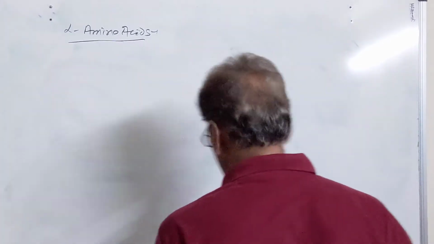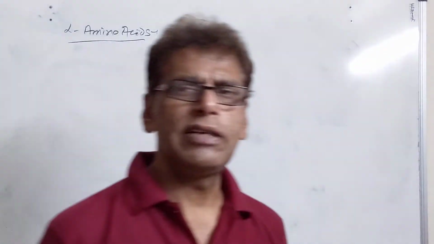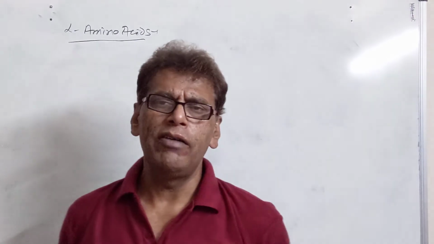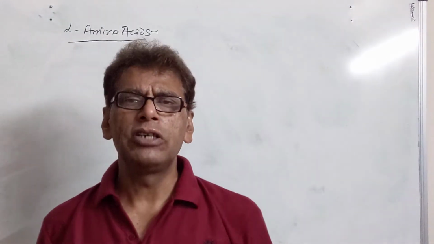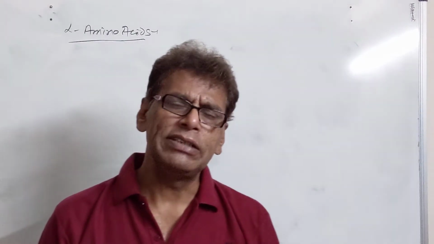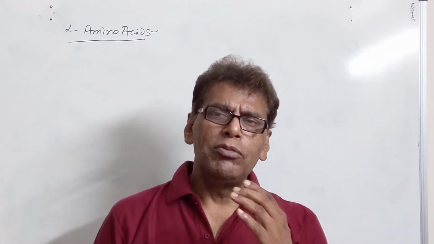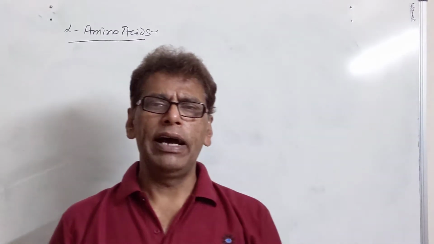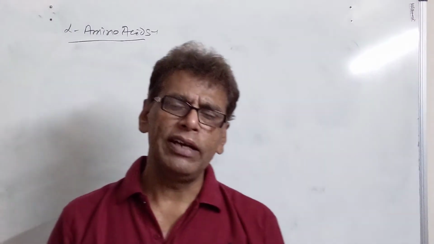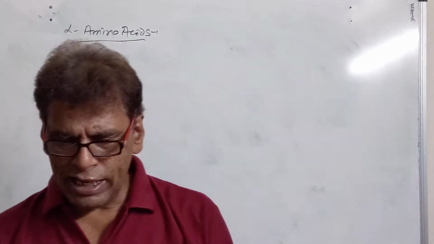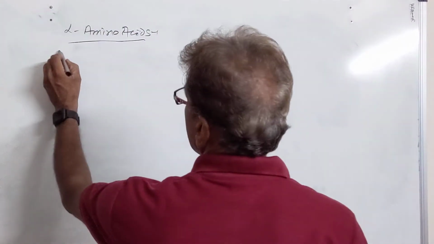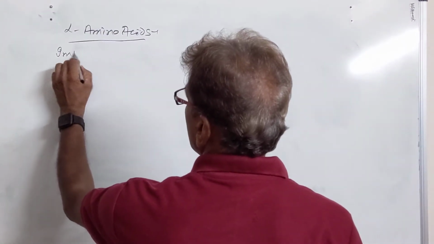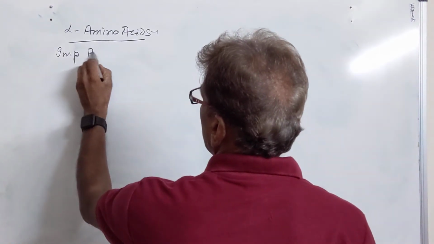So proteins are proteinaceous substances. They are big macromolecules formed by combination of a large number of alpha amino acids, and when the molecular weight of these polypeptides exceeds 10,000 amu, they are termed proteins. So, biologically important proteins, let us see some important polypeptides.